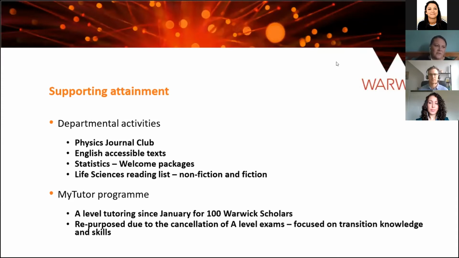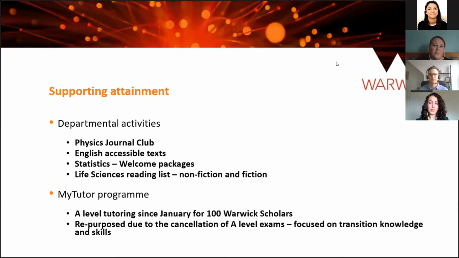So we've advertised that through our programs, through our social media and things like that. They read an actual physics journal, and then they talk about it. They can send their thoughts through via email to the academic colleague who's running that. So that's just getting students ready to engage with that level of text.